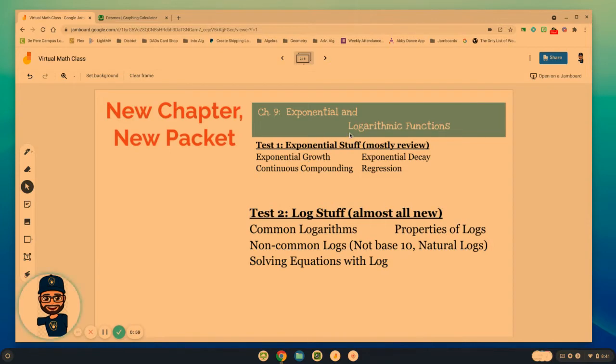So we have to review it a little bit and talk about it a little bit more. But then test two is log stuff, which is almost all new. Different logarithms and properties of these logarithms and solving with logs, as they're called. So we'll get into that the second part of the chapter. But really the first part here is exponential.